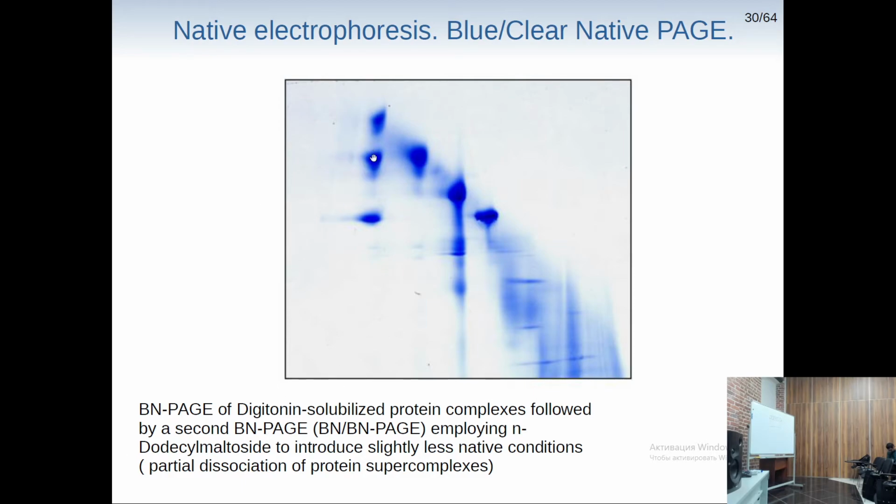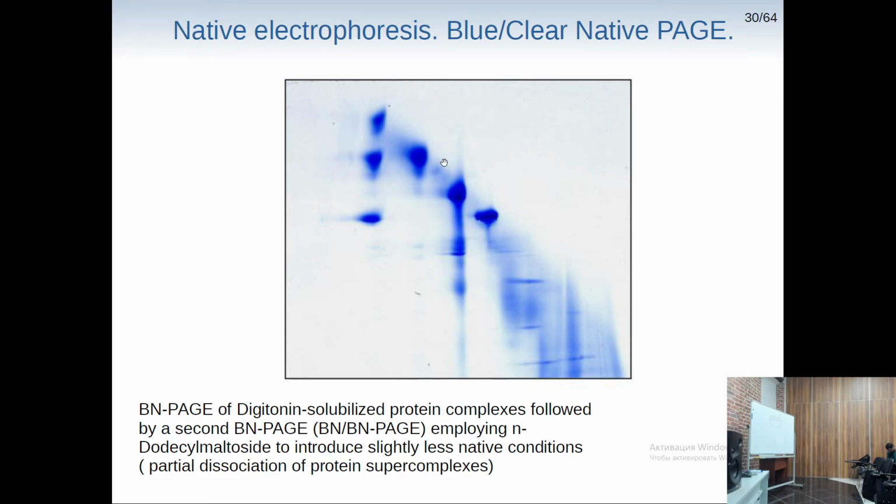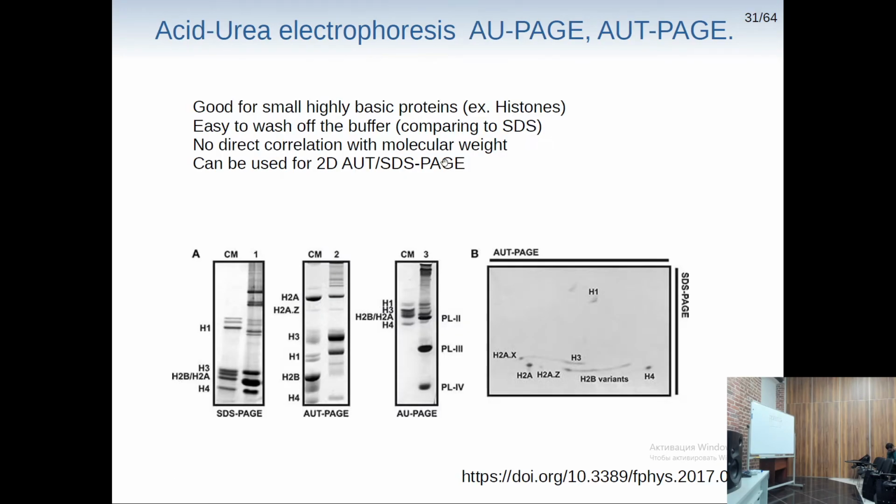Each component of this complex is visible, but probably some of them are actually a lot of monomers which are somehow connected. We use only a mildly denaturing agent, so we can compare this and get some information from those two gels as well.